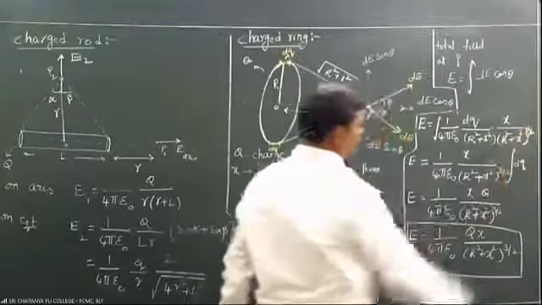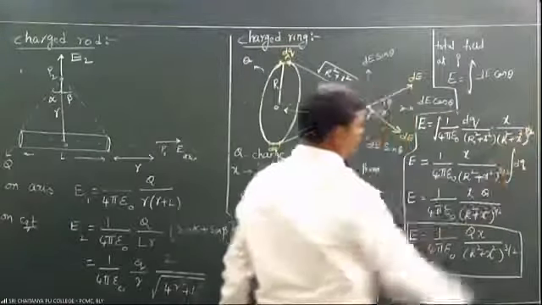Change of intensity with distance. By taking E on the y-axis and distance from the center on the x-axis, they ask how the graph is going to be for the ring. Now from this it is clear.